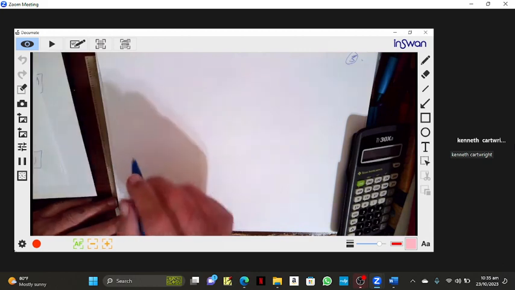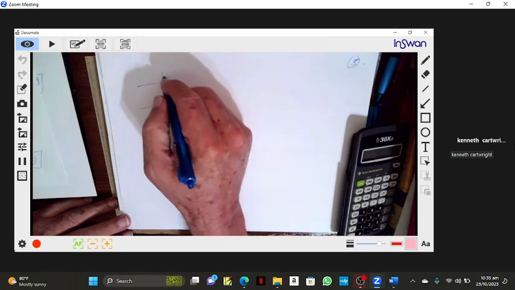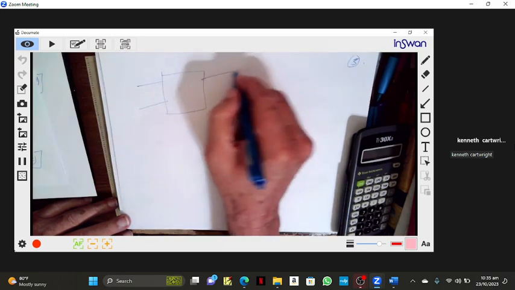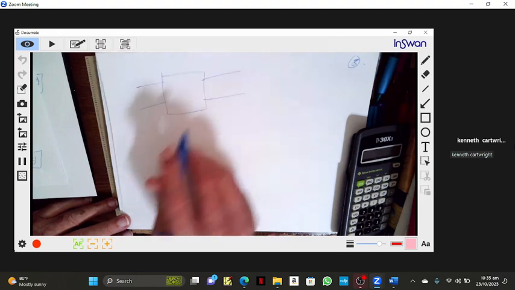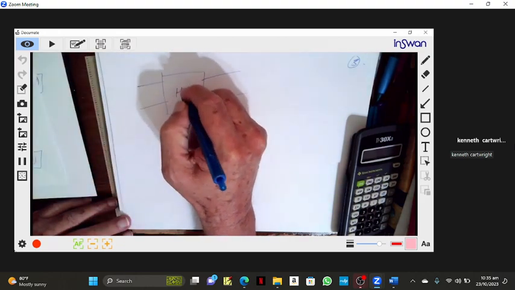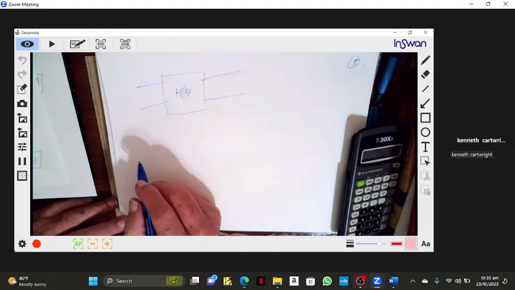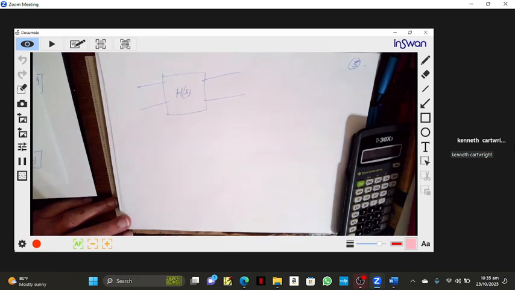Let me just draw what you just said. What's your input going to be? It's your filter. What's your input going to be? That's X of S, right?